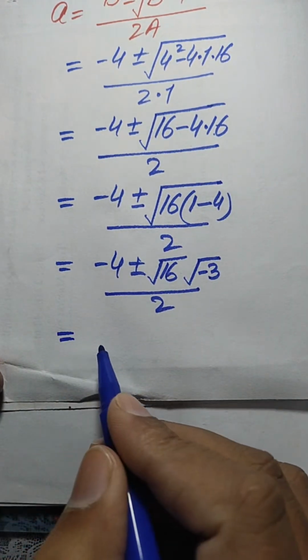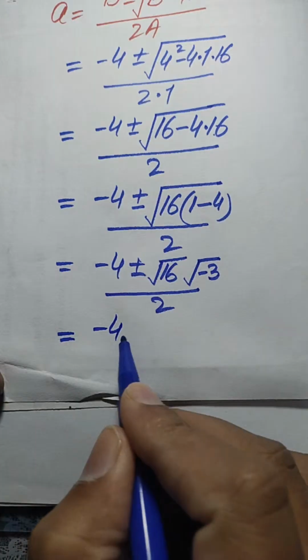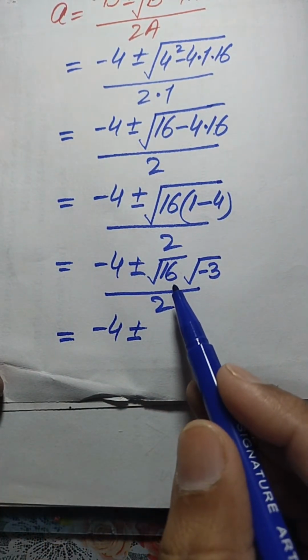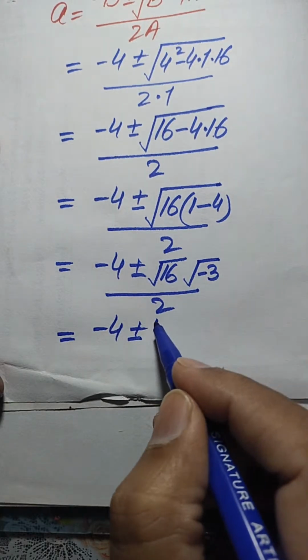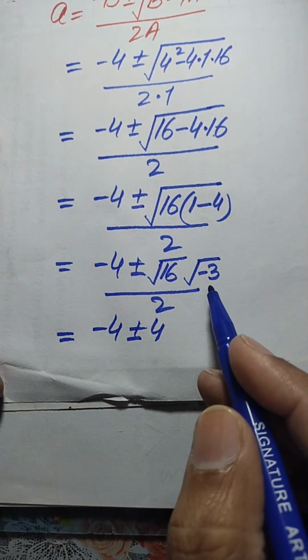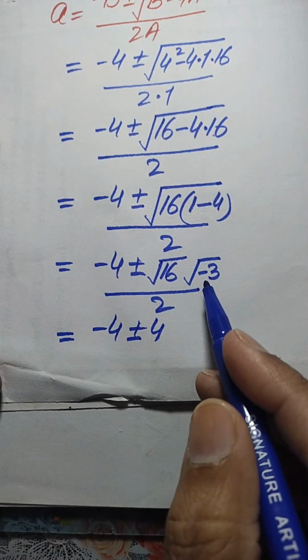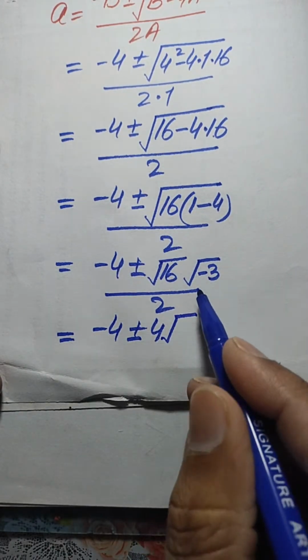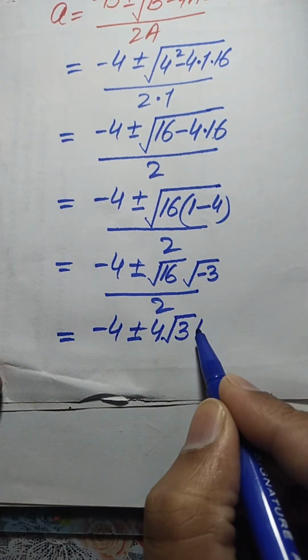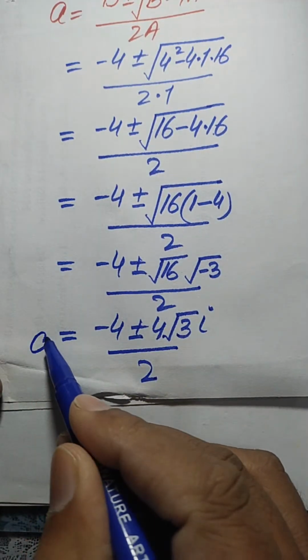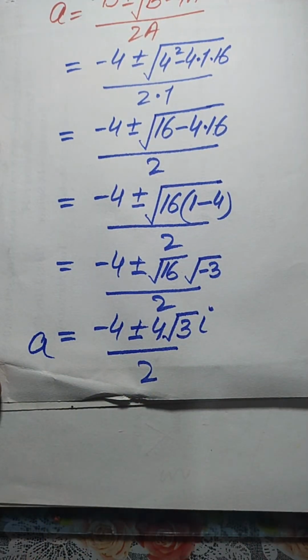And in the next step we have minus 4 plus minus, we know that square root of 16 is equal to 4, and also we know that when a negative sign appears inside the square root sign, it becomes iota, and we get square root of 3 into iota, and it is divided by 2. So this is the value of a.